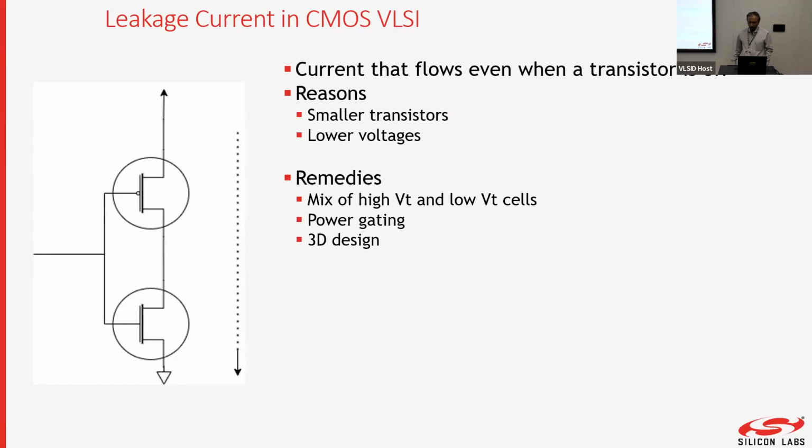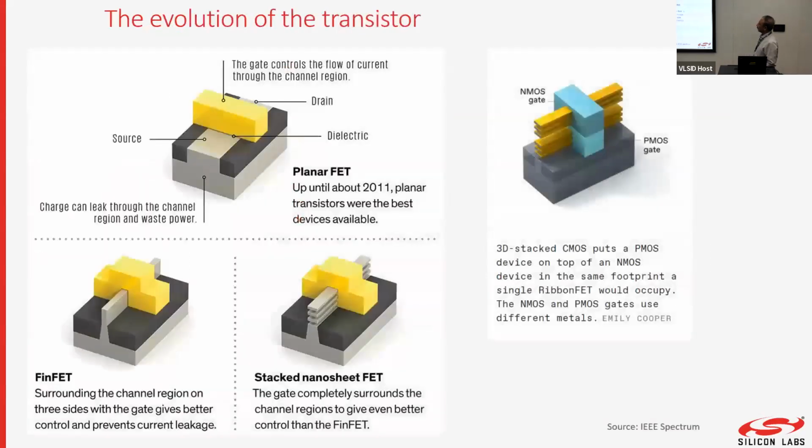But being purely planar has some disadvantages. Remember, I told you this is the gate, with the source and drain on either side of it. The gate is like a physical gate; it tries to prevent electrons from flowing through by applying a bias. If the transistor geometry is so small, the gate becomes a little weak. It's not strong enough to stop current from flowing through.